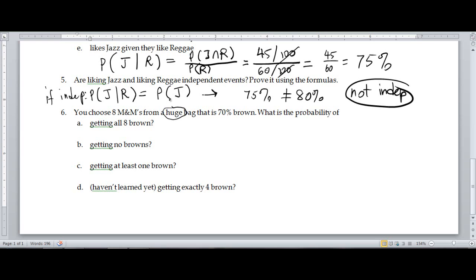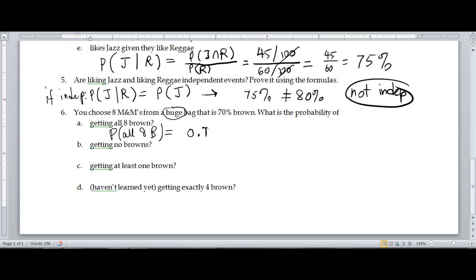So we don't have to worry about with replacement or without replacement. We can assume independence. Assume that you're putting them back. It makes no difference. Alright, what's the probability of getting all 8 brown? So what's the chance that the first one is brown? 70%, 0.7. What's the chance that the second one is brown? 70%, 0.7.